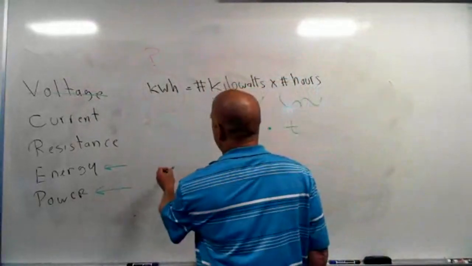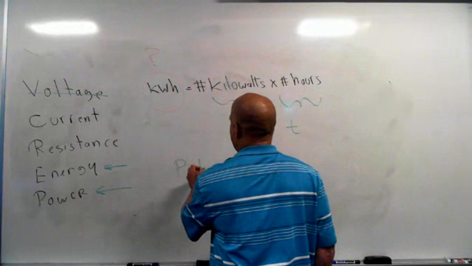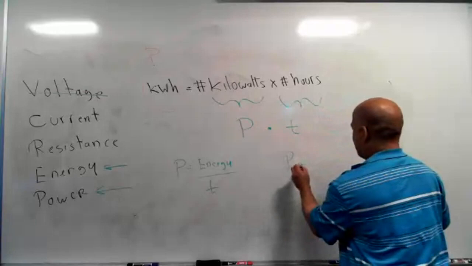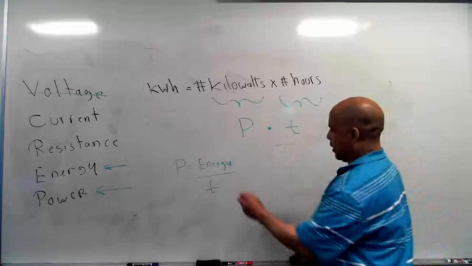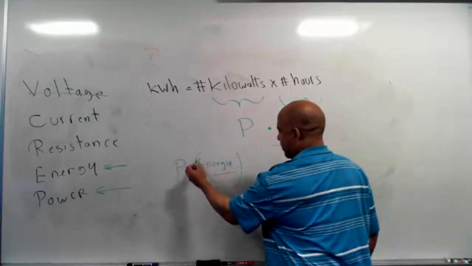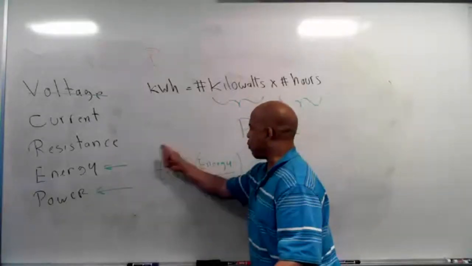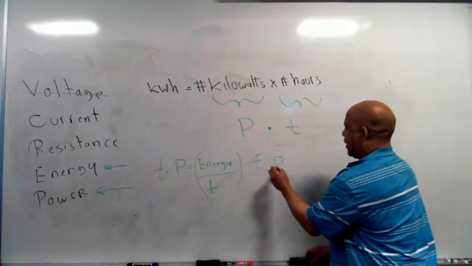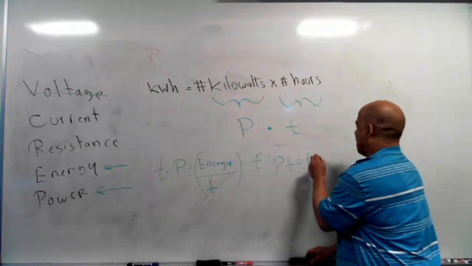Since we know the definition for power, power is work per unit time. If I multiply this side by T, I have to multiply the other side by T. So the T's go away, and power times time is equal to energy.